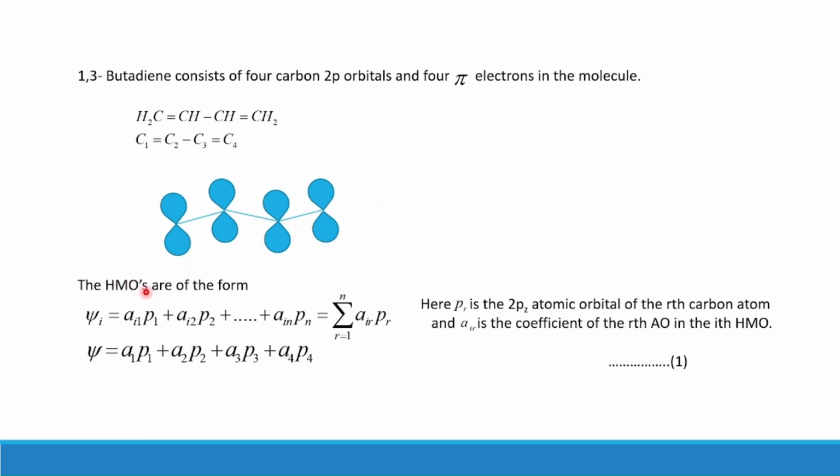The HMOs are of the form psi i = a_i1 p1 + a_i2 p2 + and so on up to a_in pn, or we can write it as the summation over r from 1 to n of a_ir p_r. Here p_r is the 2pz atomic orbital of the rth carbon atom, and a_ir is the coefficient of this rth atomic orbital in the ith HMO.